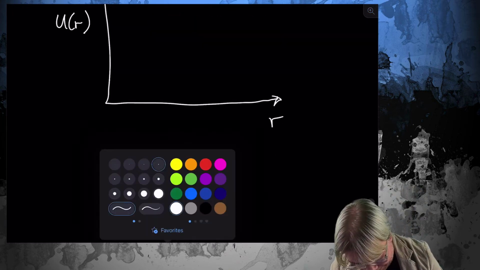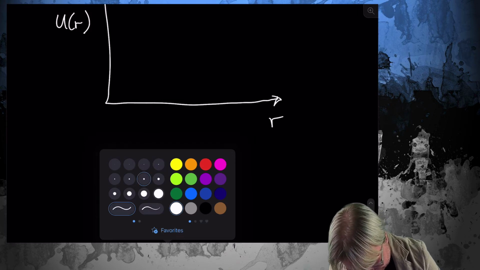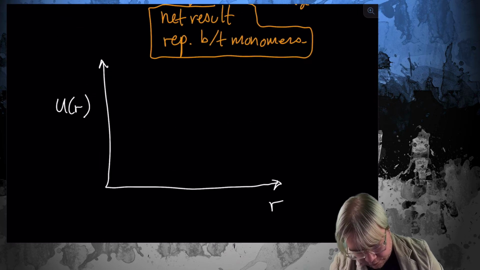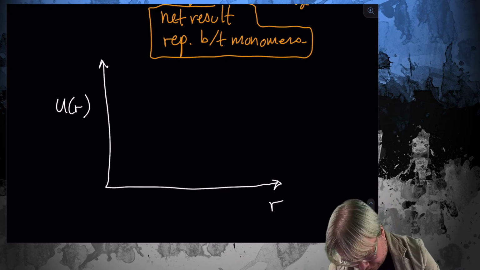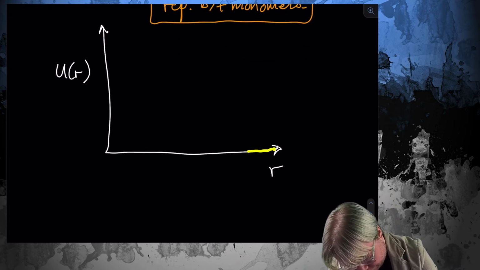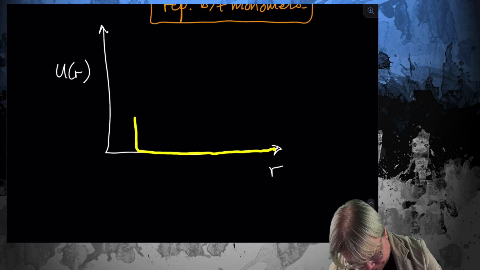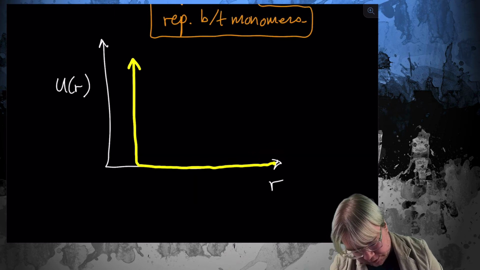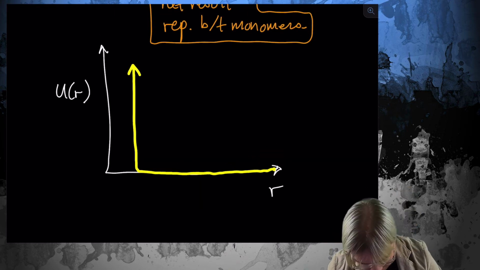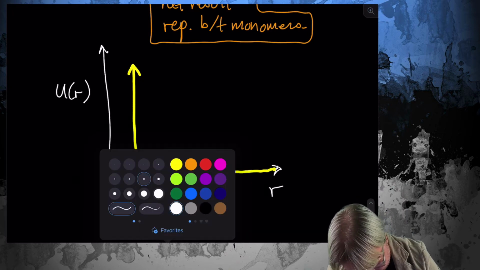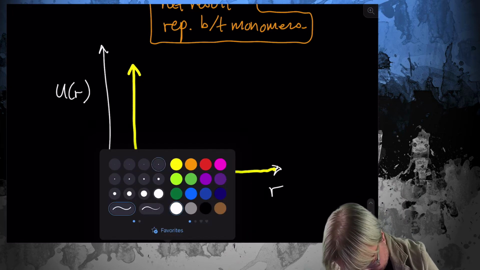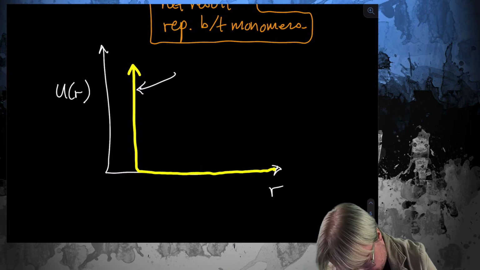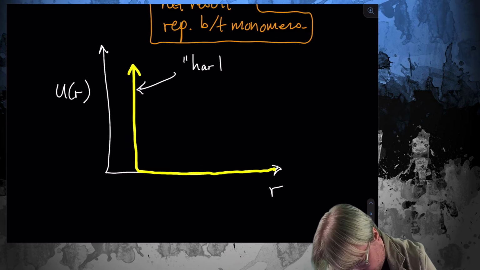So let's say, for example, let me make this a bigger line, that the monomers feel no attraction to each other, but then there's this repulsion at short distances. Okay, this shape here is characteristic of what we call hard spheres.